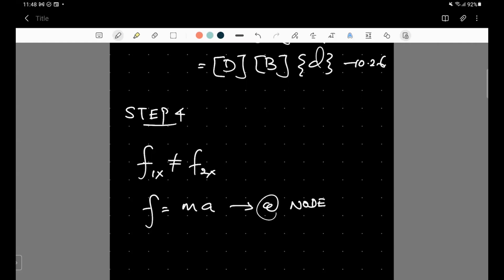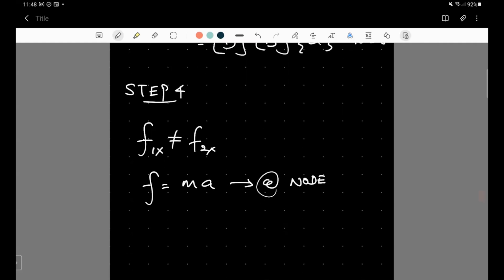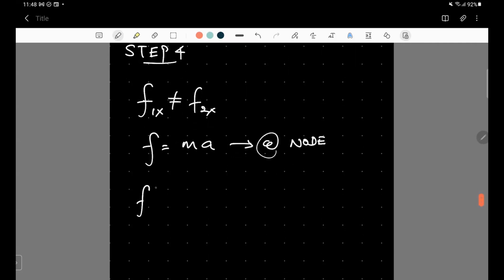When we try to apply Newton's second law for each node in general, we can write this equation as the externally applied force minus the internal force is equal to the nodal mass times the acceleration.